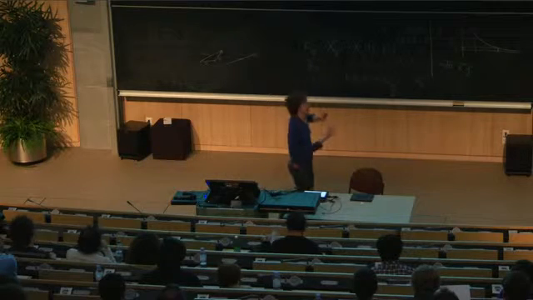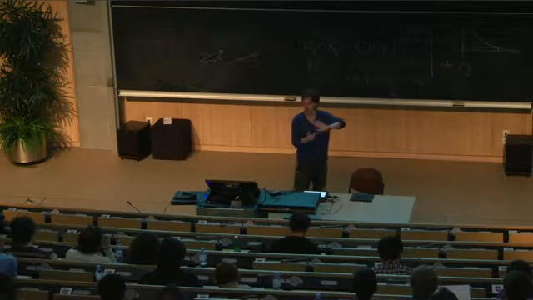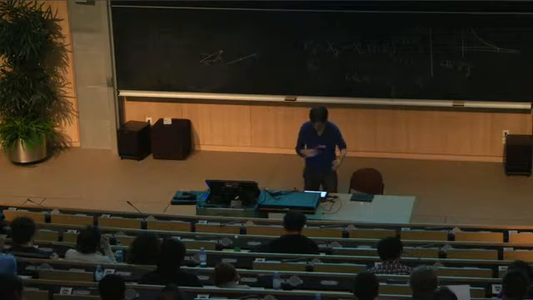So suppose some smart person has already worked out the Seiberg-Witten geometry of the theory.